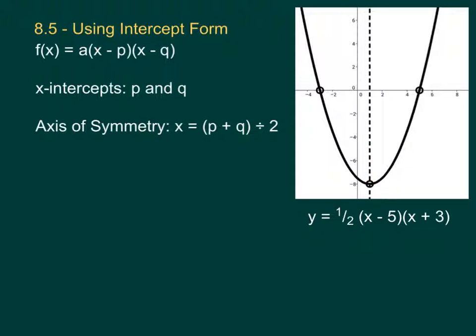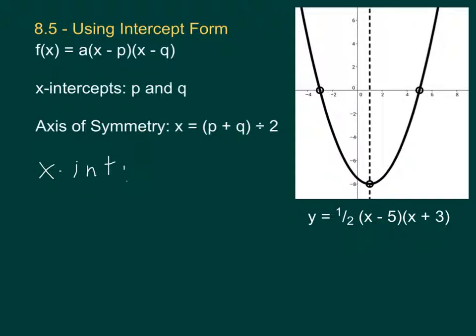On this particular example, I have y equals 1/2 times x minus 5 times x plus 3. Immediately, I can know my two x-intercepts. Just by looking at the equation, I see that the first part is x minus 5. That's my first binomial factor.